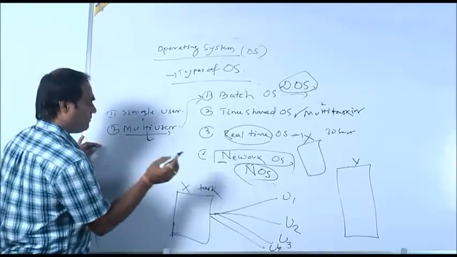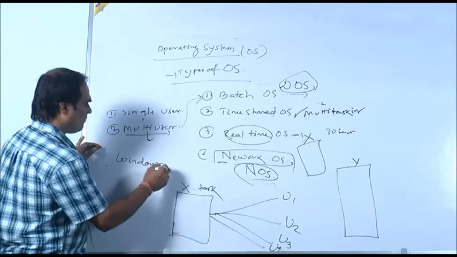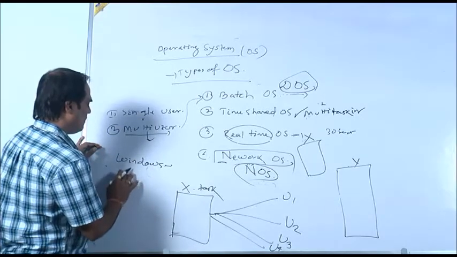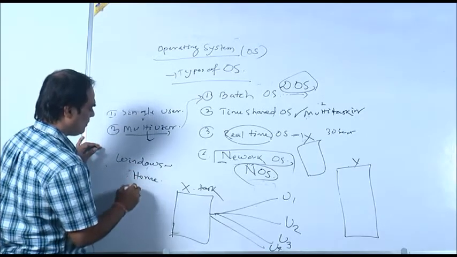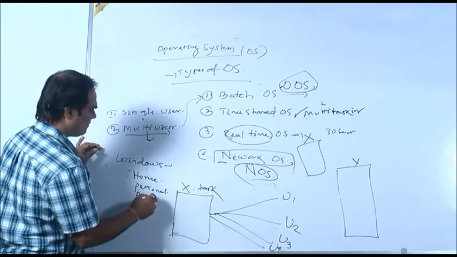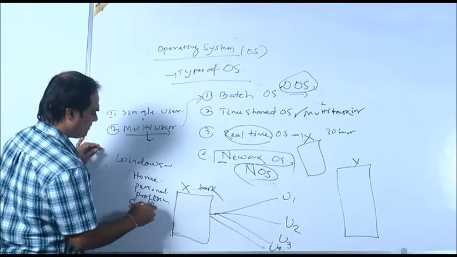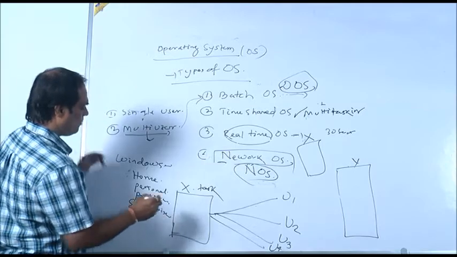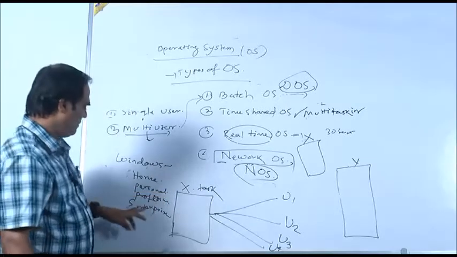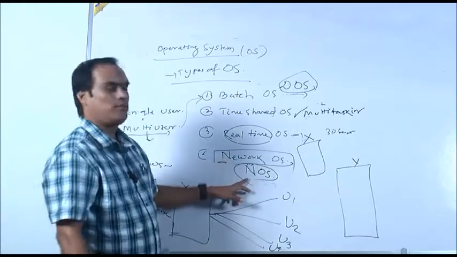Suppose I give you the Windows operating system, it comes with Home edition, Personal edition, Professional edition, Windows Professional, then Enterprise. Home, Professional and Personal editions are for single user platforms, but the Enterprise edition is used for the networking environment.